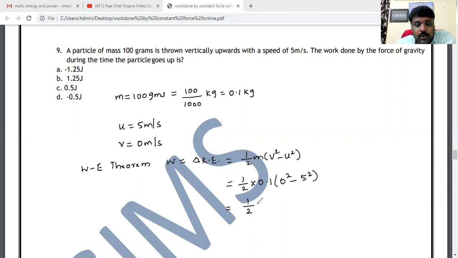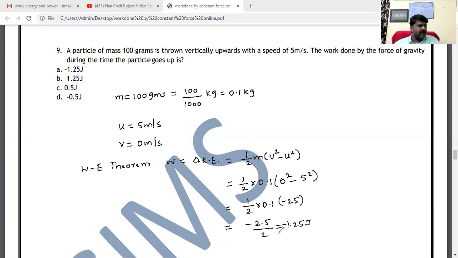One by 2 into 0.1 into, we have 0 minus 5 square, it is 25, we get minus 25. Finally, 0.1 into 25, it is 2.5 by 2, that is 1.25 joules. Minus.